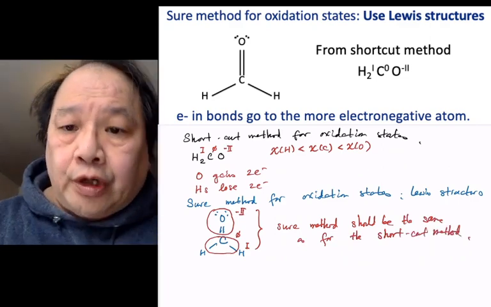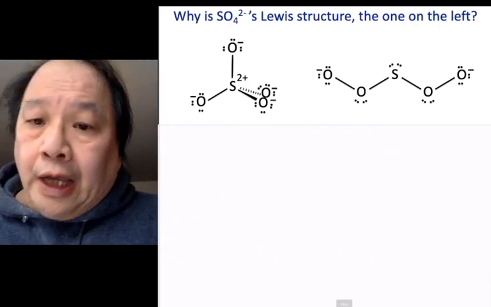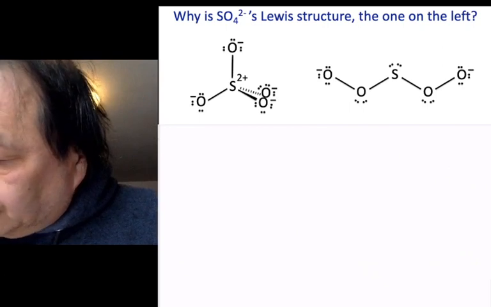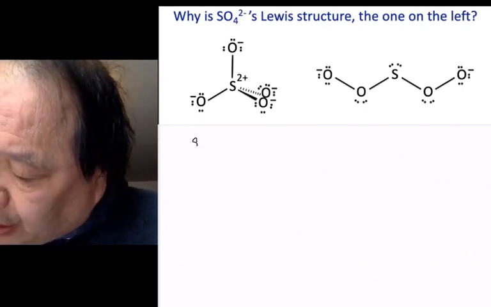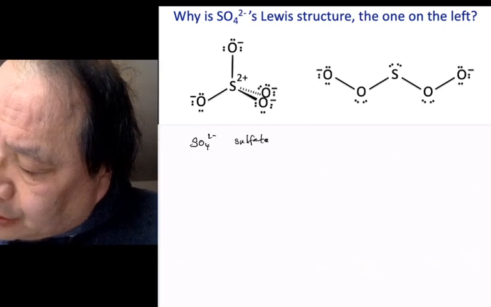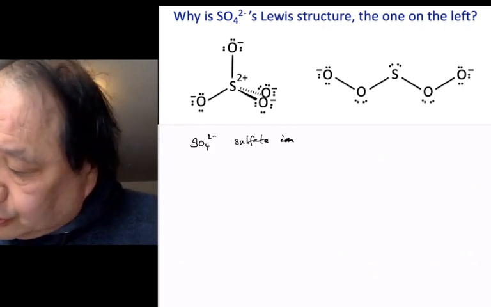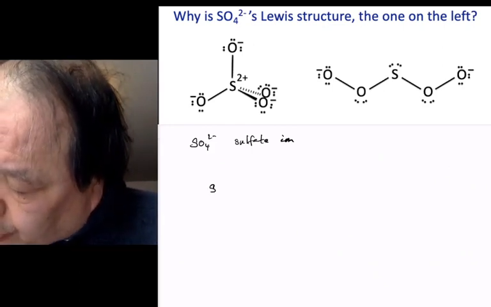We can then look and figure out the following question. Why is it that the structure of the sulfate ion is the one on the left? The reason why is, let's draw what we know is the true structure of the sulfate ion.